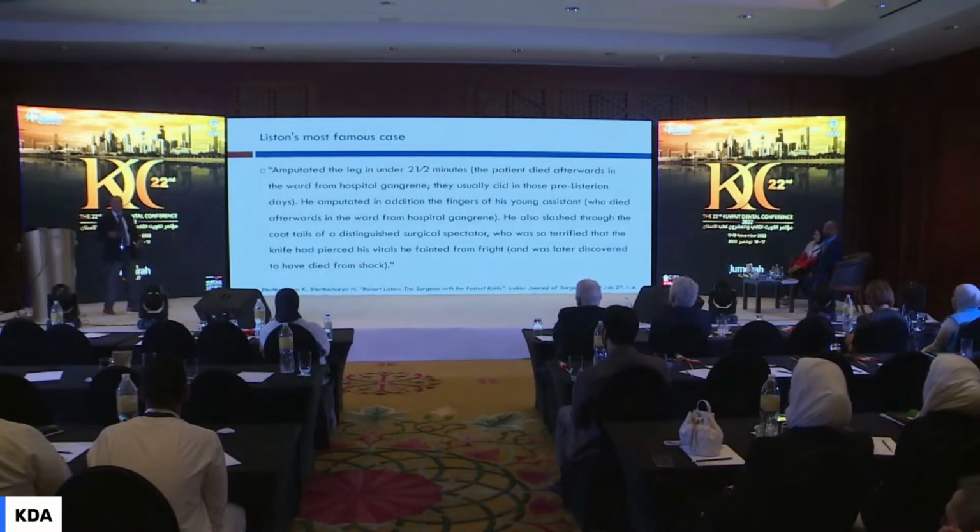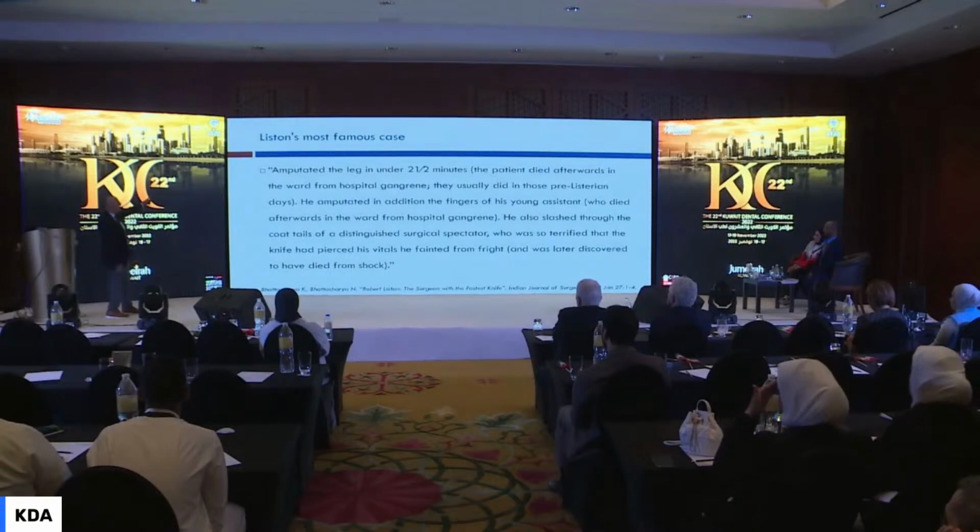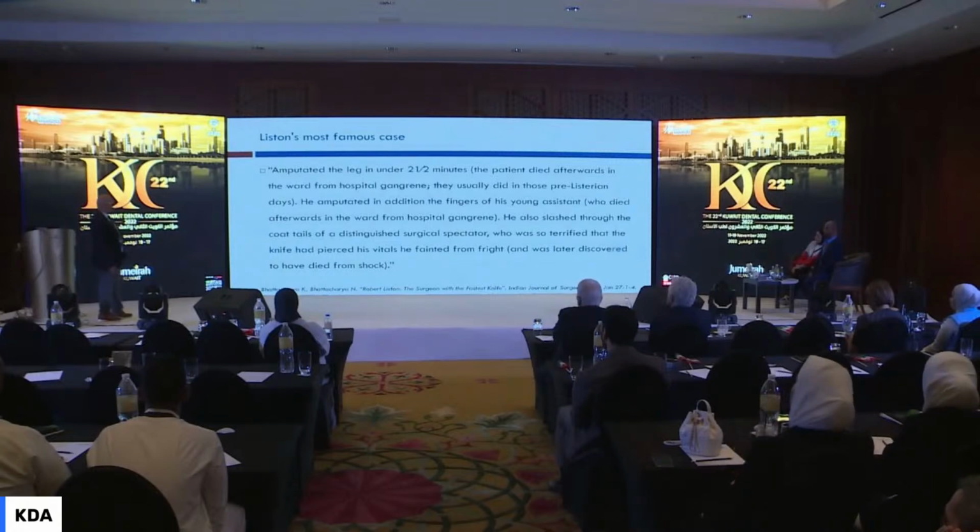He was trying to show the surgeons coming from Scotland how fast he was doing the procedure. He amputated the leg in under 2.5 minutes, and he was trying to do that at a faster rate than 2.5 minutes. Of course, that was an achievement.